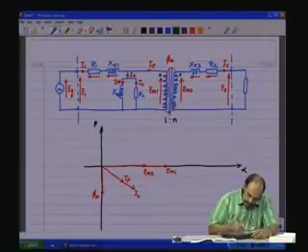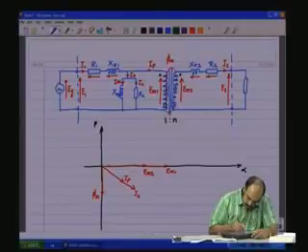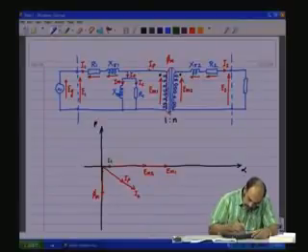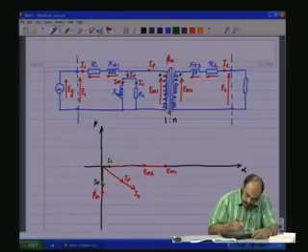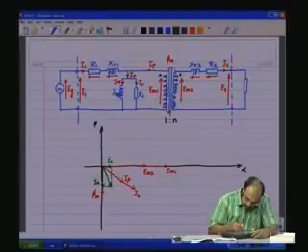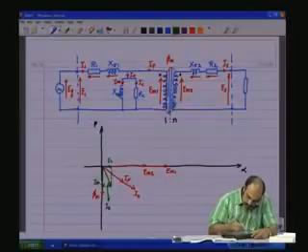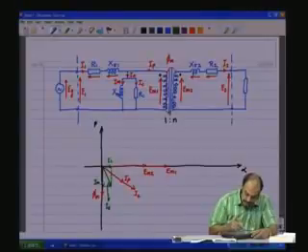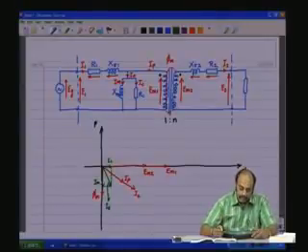So, let us put the core loss component of the current I c like that, and let me put the magnetizing portion of the current I m here, and I naught is as shown here. This is I naught. So, we see that I naught, which is the resultant of I m and I c, is lagging E m 1.